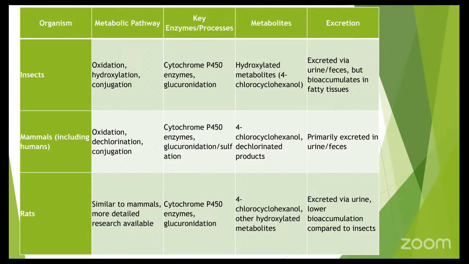So in insects, mammals, and rats, we see the key enzyme processes are CYPs and glucuronidation. The metabolites in rats are similar to those in mammals and are excreted via urine, with lower bioaccumulation compared to insects, where more bioaccumulation in the fatty tissues was observed.